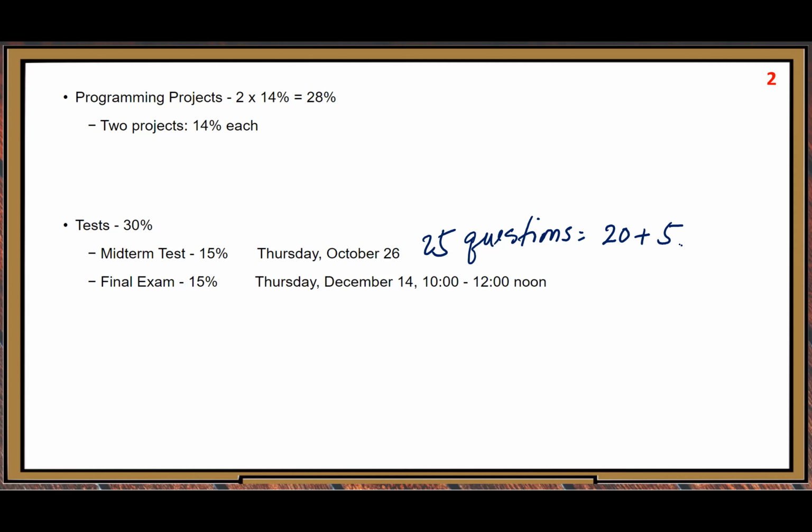You complete those 20 questions in 75 minutes here. For the 5 relatively hard questions, you need more time, so I post them online. When you go home, you can use more time to complete the remaining 5 relatively hard questions.